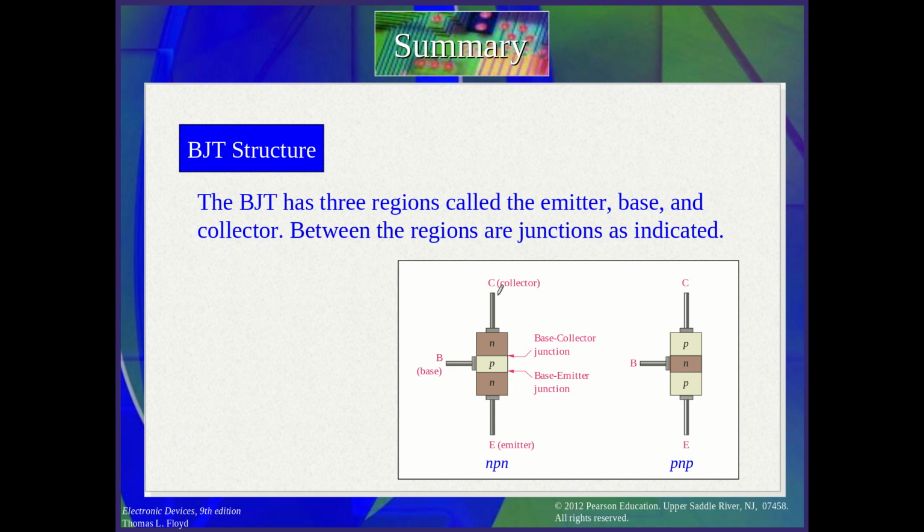Another important application of the BJT is using it in switches. When it is in cutoff, there is no current at the base, then we use it as off, an open circuit, an open switch.